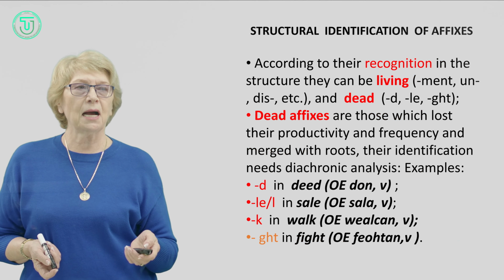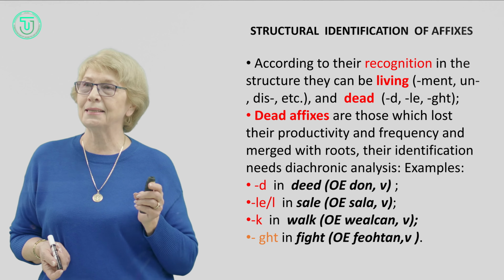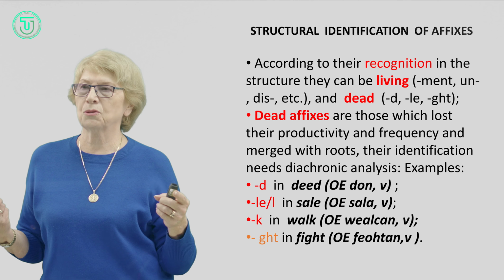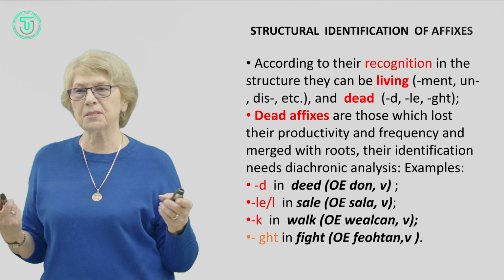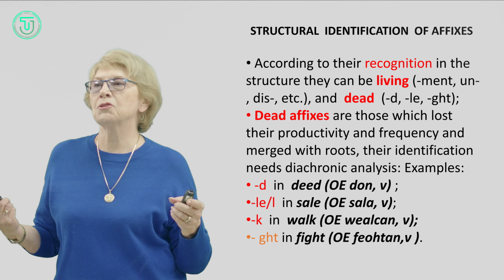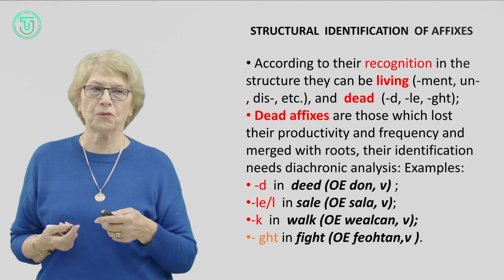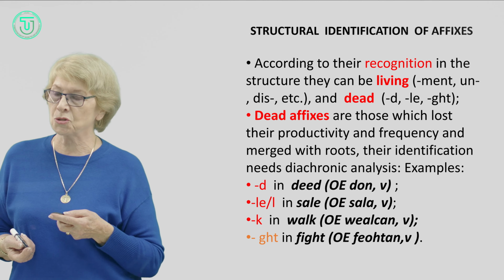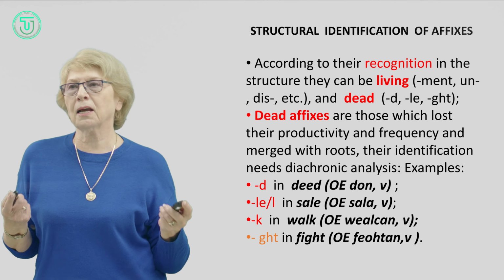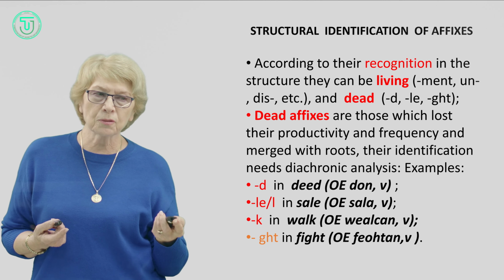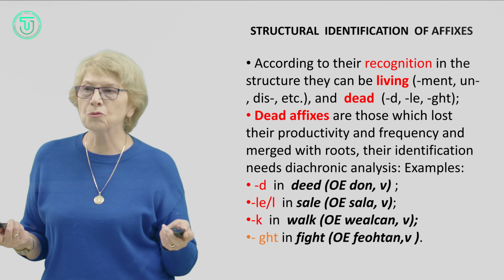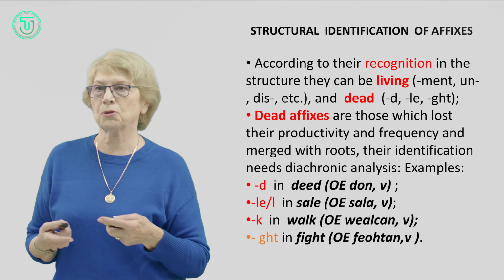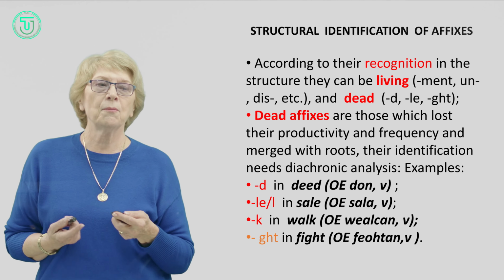Okay, when it comes to structural identification, that is, when you analyze the word morphologically, sometimes learners who are not very well acquainted with the etymological features of English word structures can confuse roots, derived roots, simple words, derived words, or compound words among themselves.